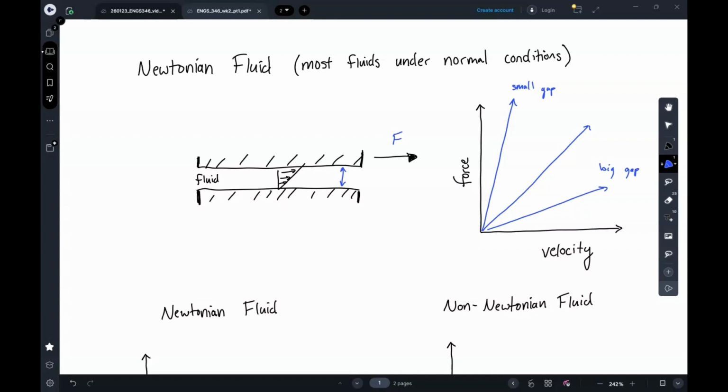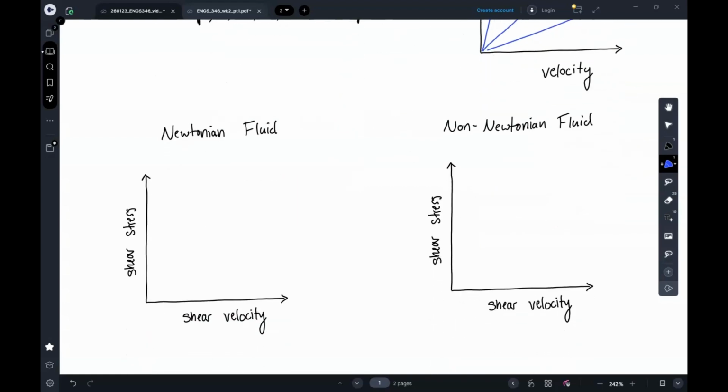Now, there are some fluids that don't actually follow this same pattern. But what was interesting is that if we have a small gap and a big gap, we can talk not just about the relation of force to velocity, but about the relationship between shear stress and shear velocity. And that is going to be a straight line for a Newtonian fluid.